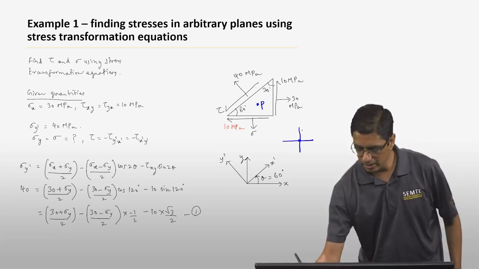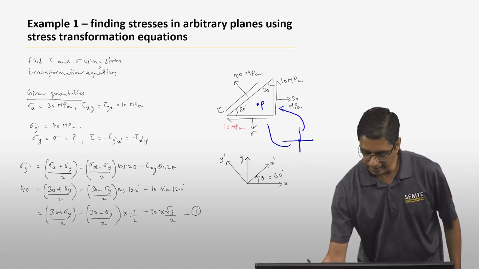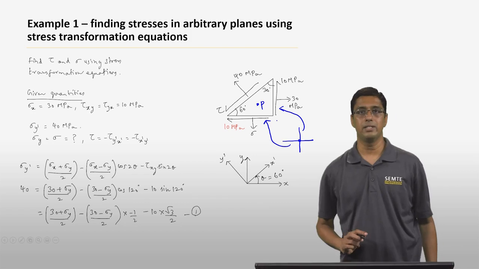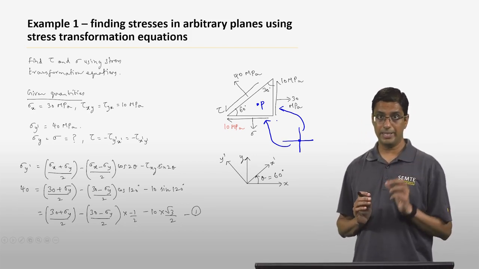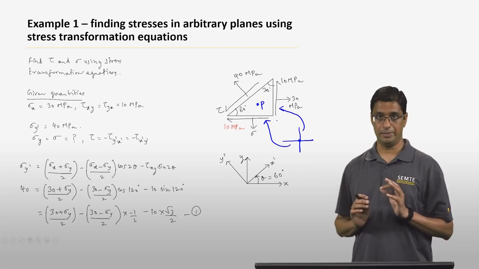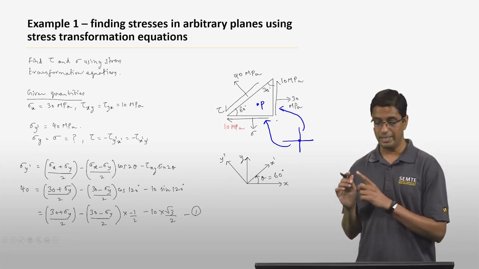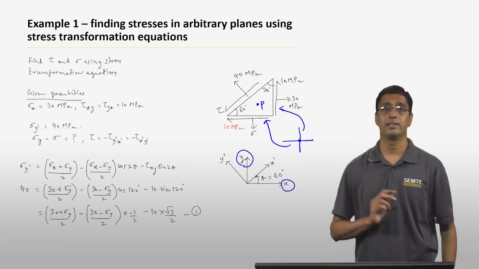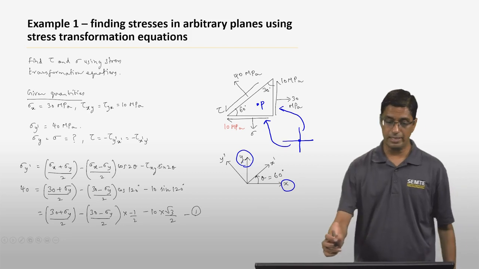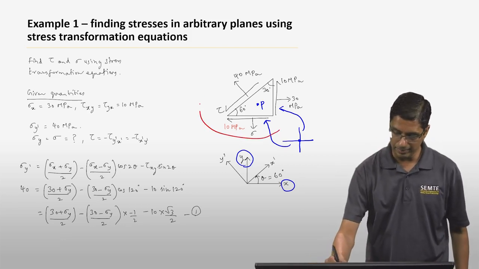So you know the stresses at a particular point on two different planes, and those planes have their normals to be the x-axis and the y-axis. That is what is given, and that is what is represented by this diagram here.